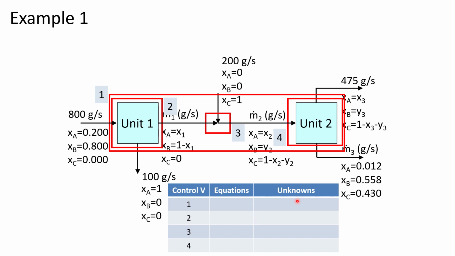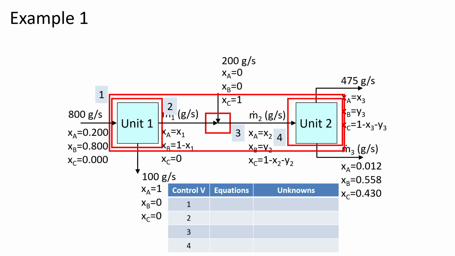Now the number of unknowns is straightforward to calculate. You just consider each of the streams that cross the control volume boundary and then count the number of unknowns in those streams. And as we talked about before, the number of equations is going to be equal to the maximum number of components that appear in the streams that enter or leave the control volume.